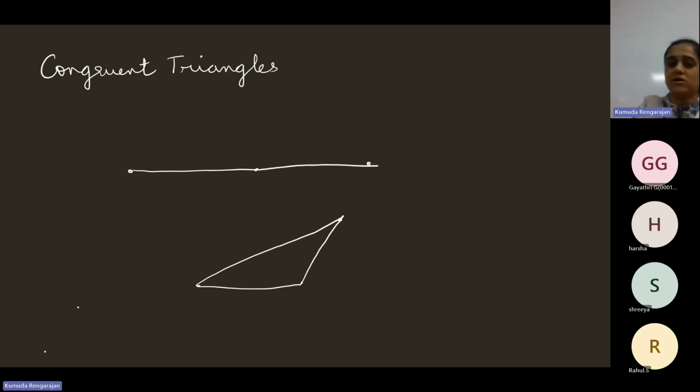Now, when we talk about congruent triangles, the term congruent means identical. Say you take photographs of yourself. Photographs can be in different sizes: stamp size, passport size, postcard size.